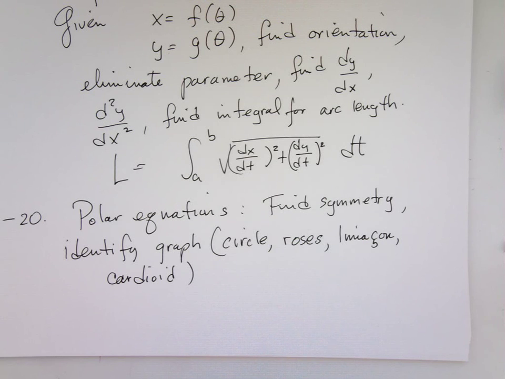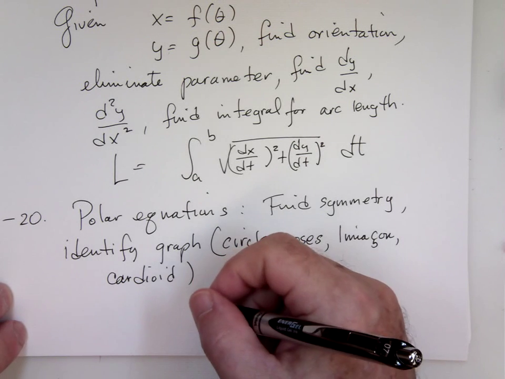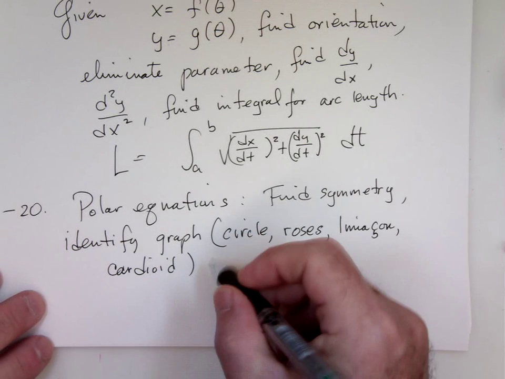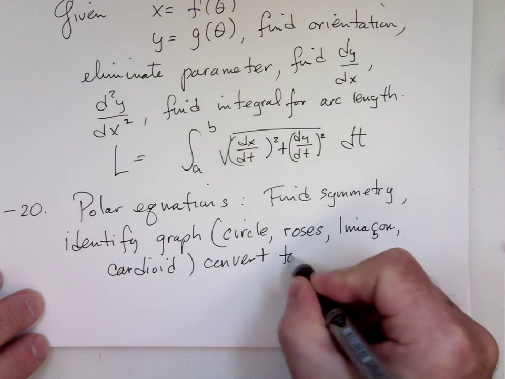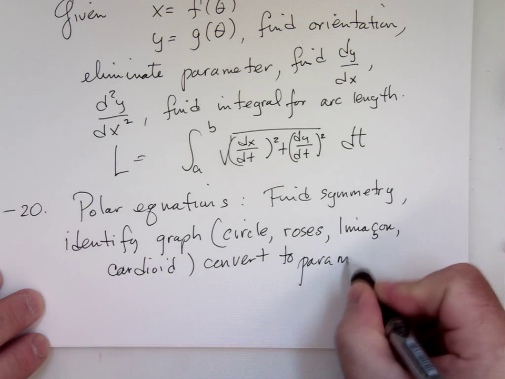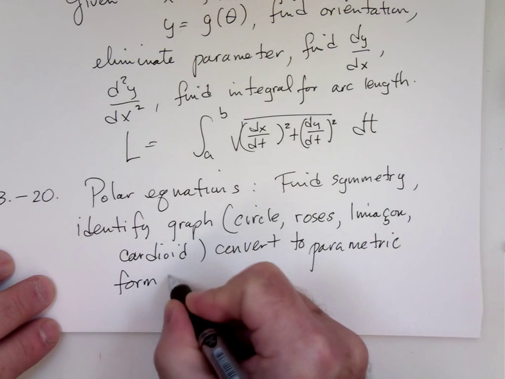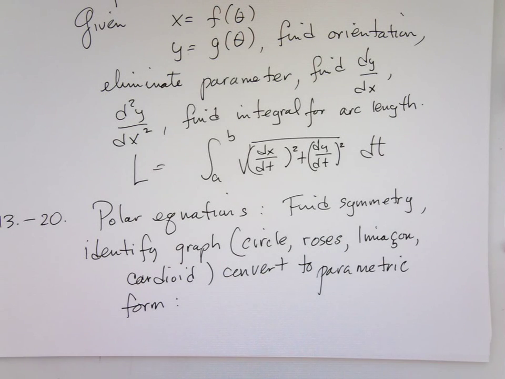Identify the graph. What else do you have to do? You have to change to parametric form. Is that different from rectangular form? Yeah, that is different from rectangular form. We needed this when we found dy/dx of a polar equation.